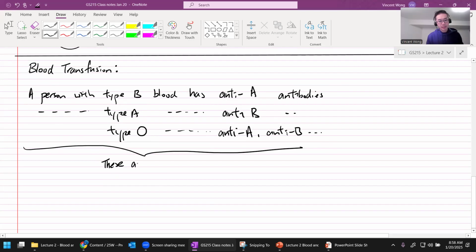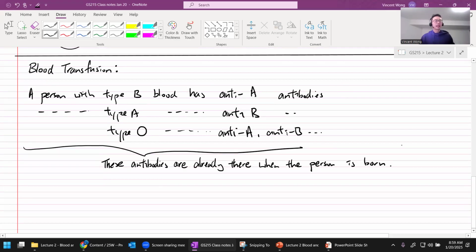These antibodies are already there when the person is born. Okay. Again, not strictly true, but close enough. Right? For our purpose, we would just say it's already there when they were born. Okay. However, this is not the case for RH blood group.